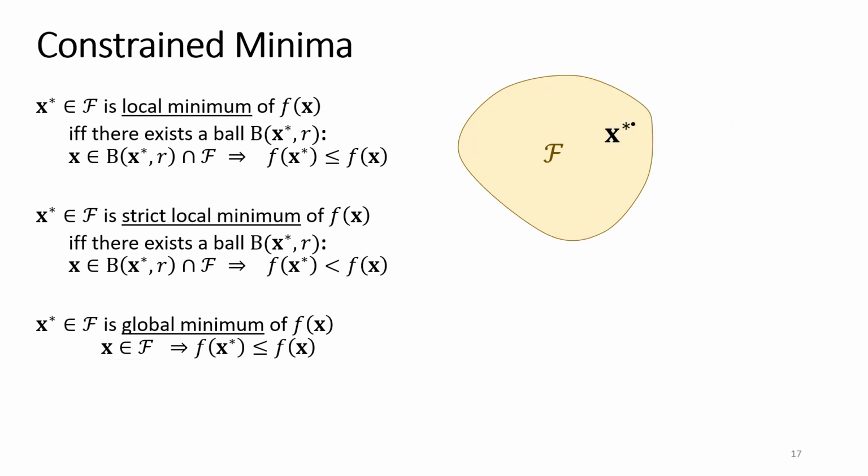So this is the entire feasible region now, and x star is where the function is at its minimum in the entire feasible region.